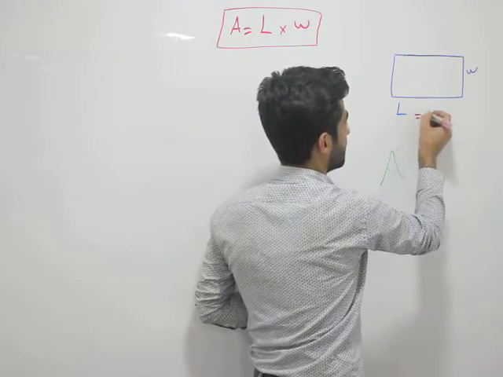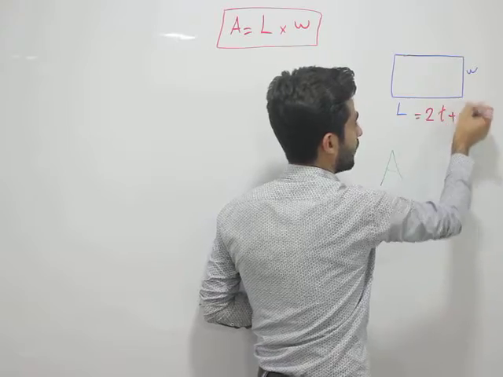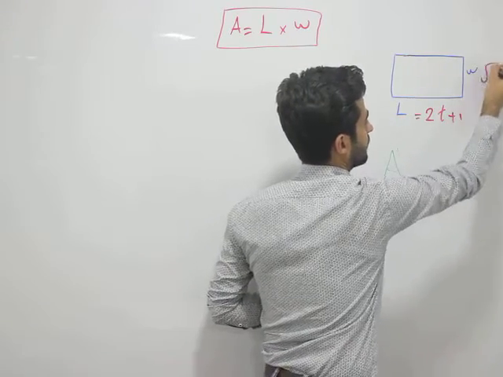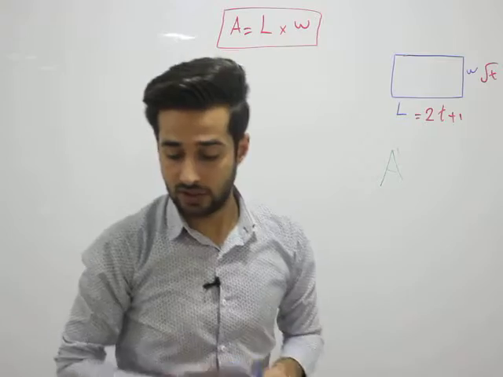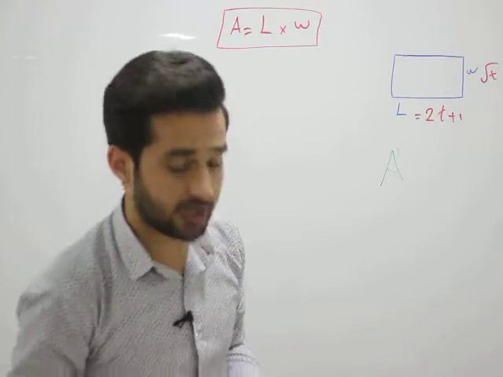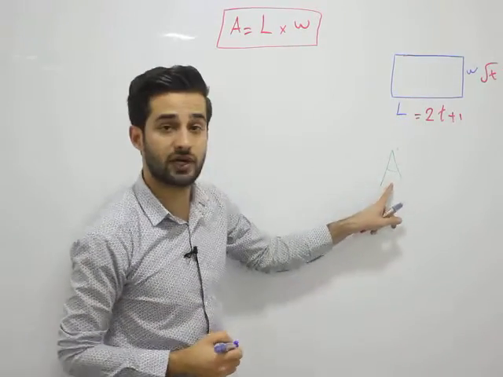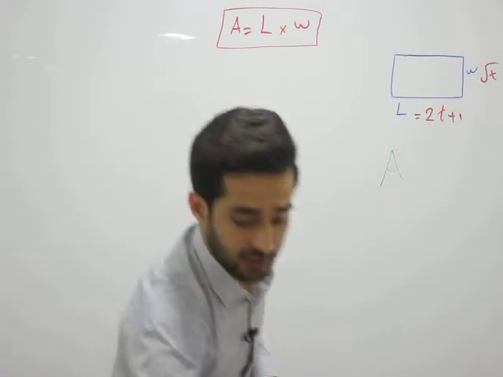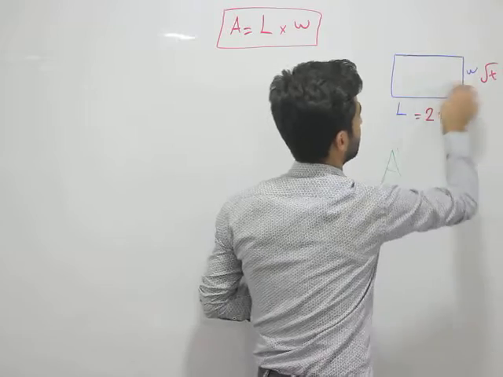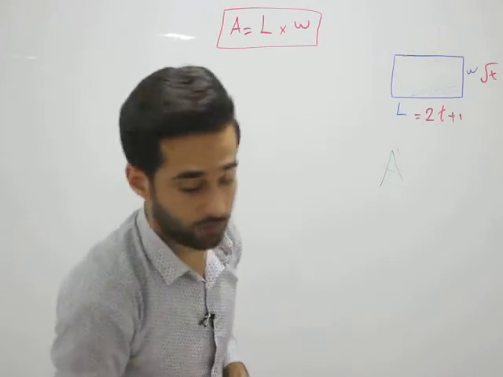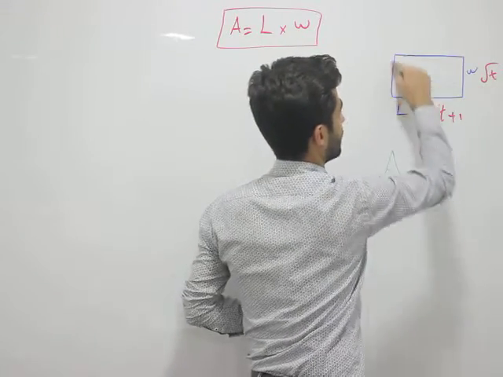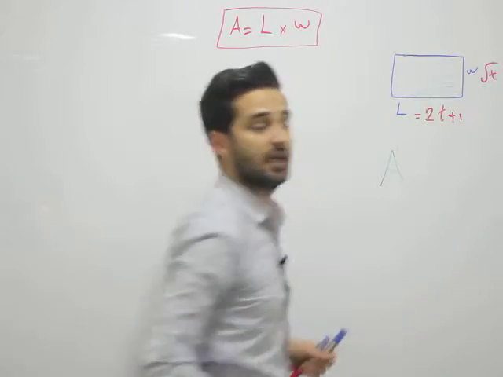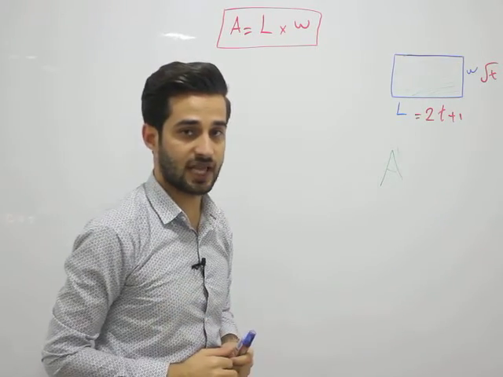What's the length? 2t plus 1. What's width? Square root of t. Now, to find A prime, we need A. What's the area of a rectangle? This is the area of a rectangle. Don't forget, this is perimeter, but this is area of a rectangle.